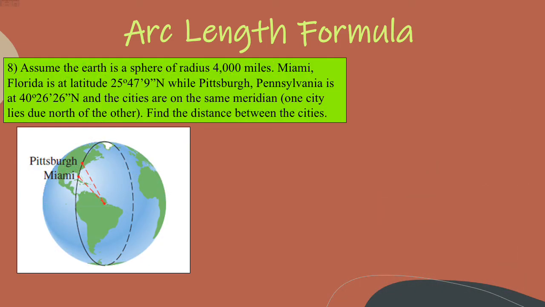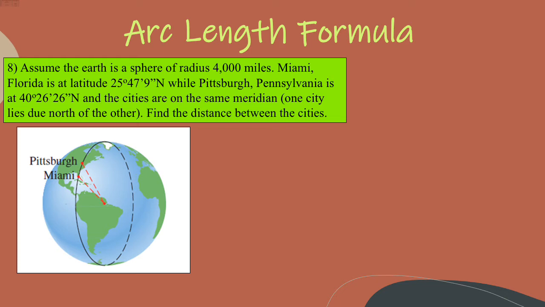In number 8, we're assuming that the Earth is a sphere of radius 4,000 miles. Miami, Florida is at latitude 25 degrees 47 minutes 9 seconds north, while Pittsburgh, Pennsylvania is at 40 degrees 26 minutes 26 seconds north. And the two cities are on the same meridian, which means that one city lies due north of the other.